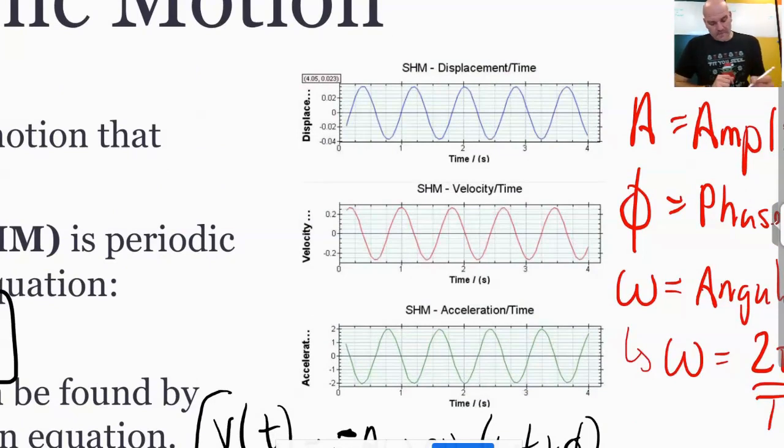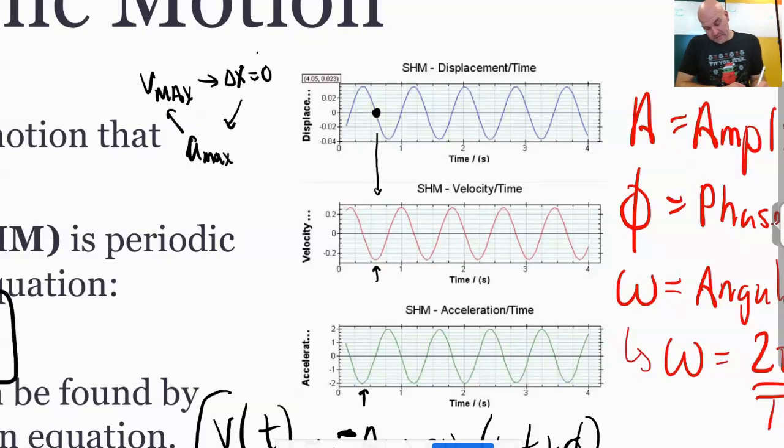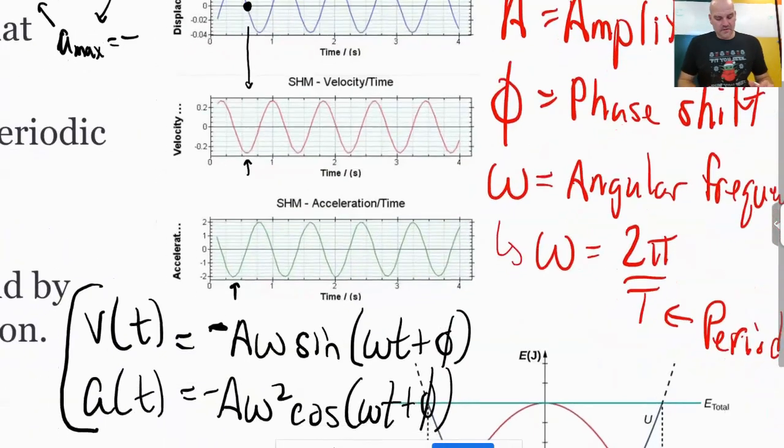Something to note: when your displacement graph is at 0, velocity is at a max. So V max is when displacement is equal to 0, when it's at its equilibrium state.